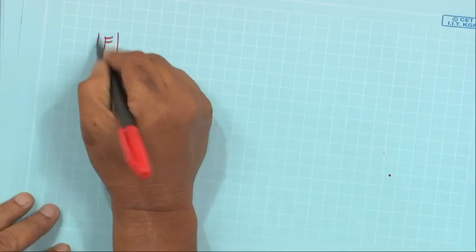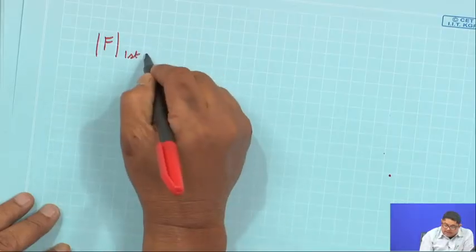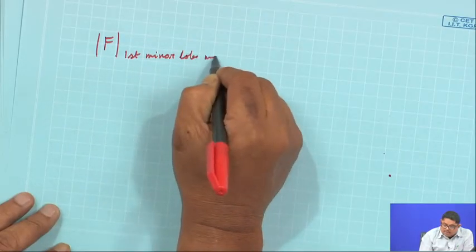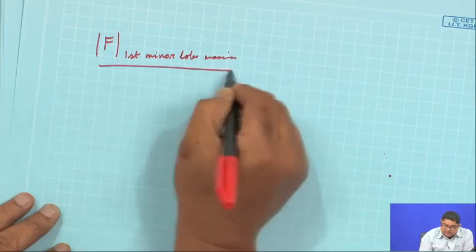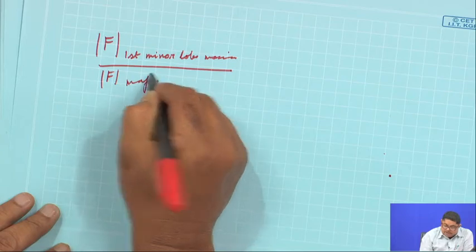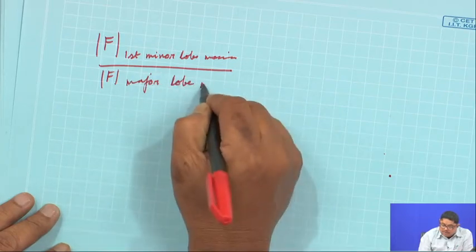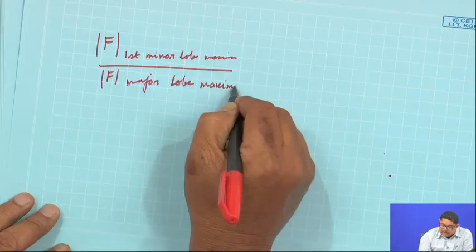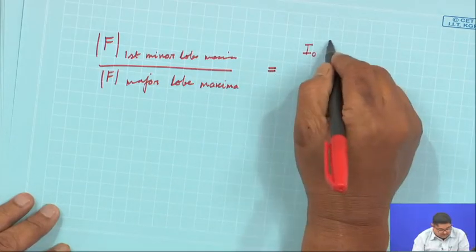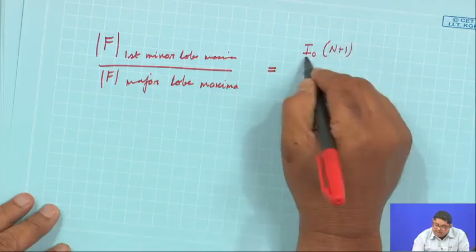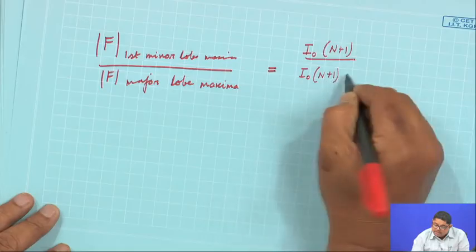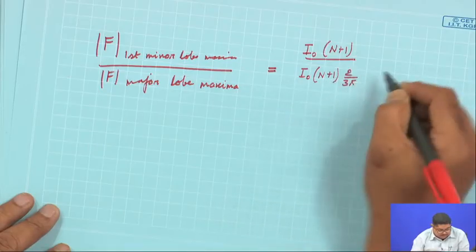The first minor lobe maxima divided by the major lobe maxima is I naught n plus 1 divided by I naught n plus 1 times 2 by 3 pi.